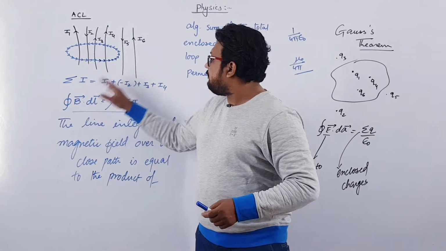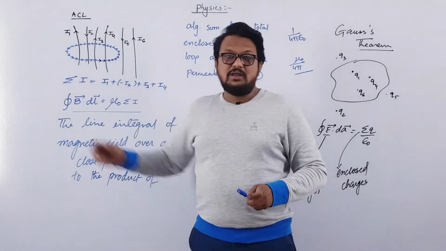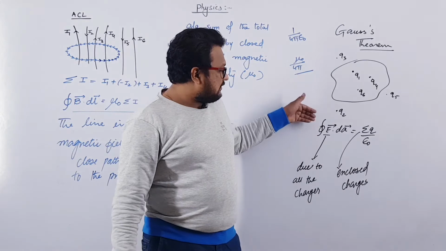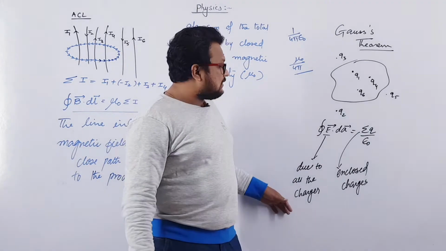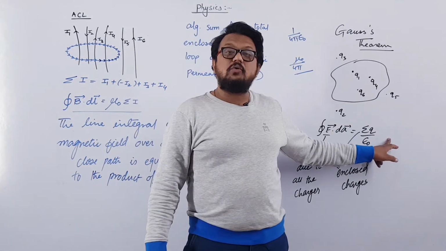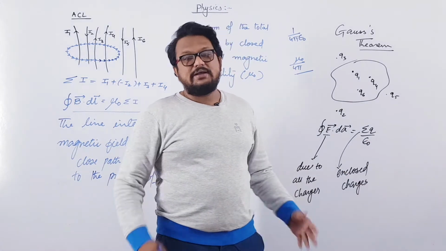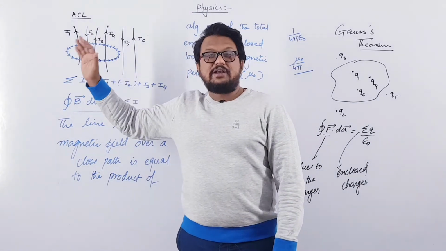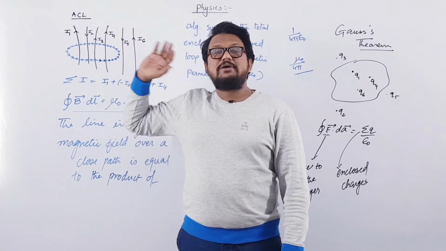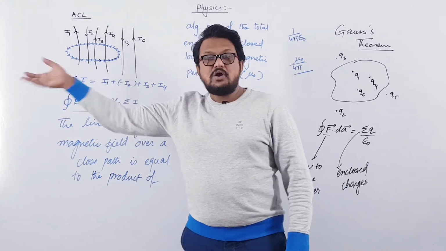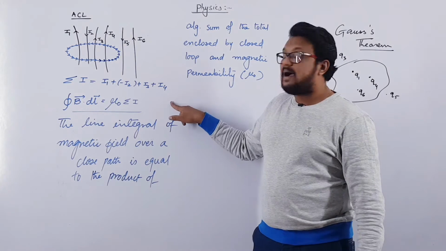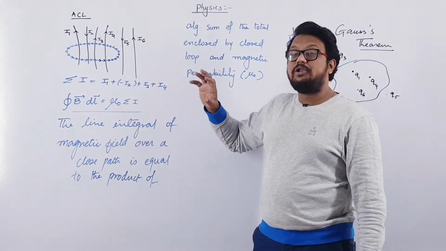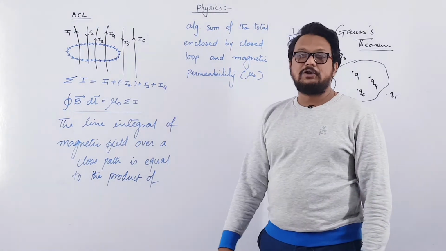Like the electric field is due to all the charges, while sigma q is only the enclosed charges. In the same way, the magnetic field we consider must be due to all the current carrying wires, while sigma I is only those currents enclosed by the closed loop.